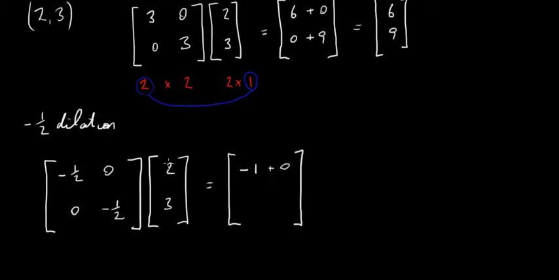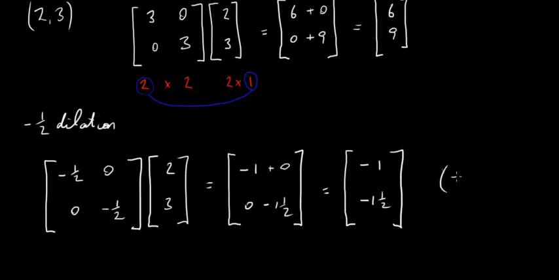Do the same here. 0 times 2, which is 0, plus minus a half times 3, which is minus 1.5. So what we end up with here is minus 1 plus 0, which is just minus 1, and minus 1.5 here. So our final point will be minus 1, minus 1.5.